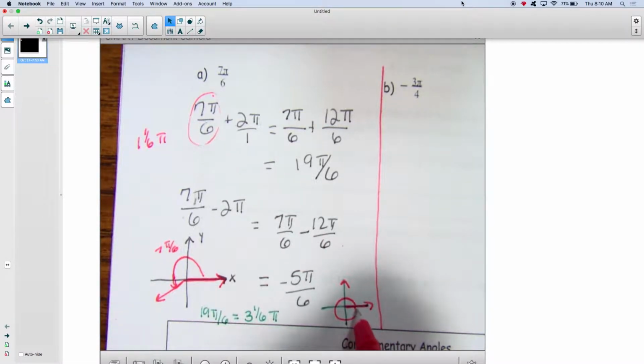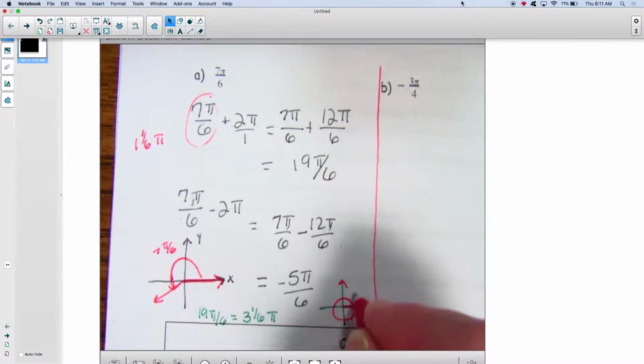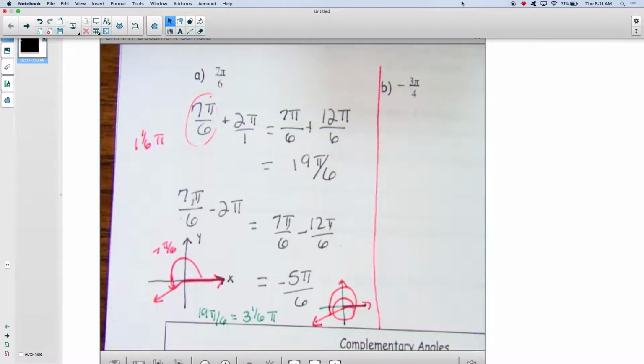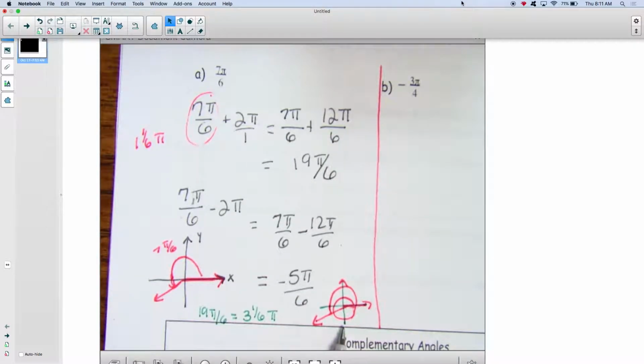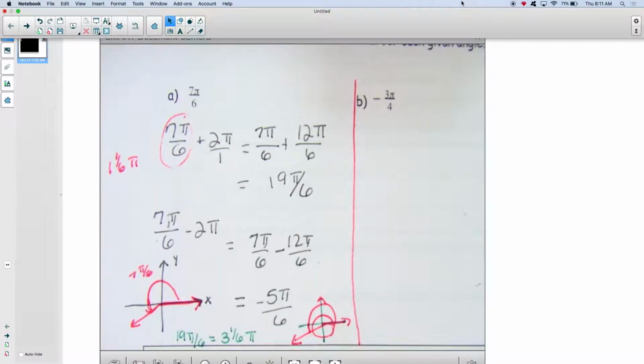There's 2 pi, right? There's 3 pi. There's a 6th pi. It's the same graph, except what did I show here? I showed that I went around 2 pi's, rotating. All right? So that you have to show that. If I ask you to graph 19 pi over 6, you've got to show me where you've rotated 19 6ths pi's.